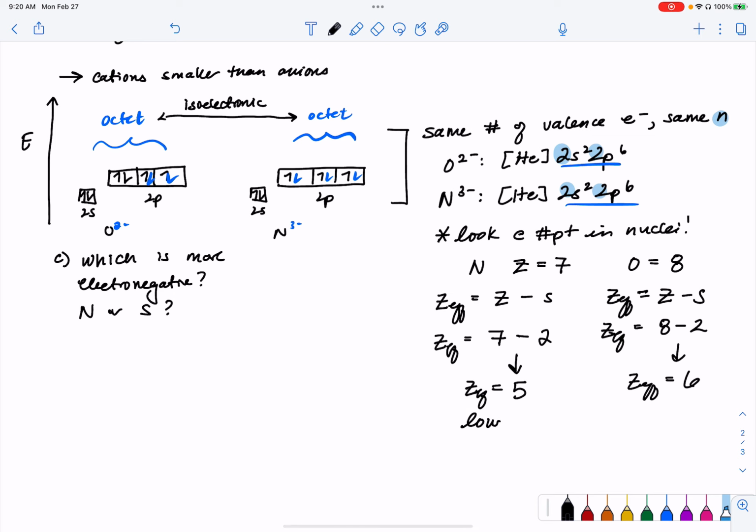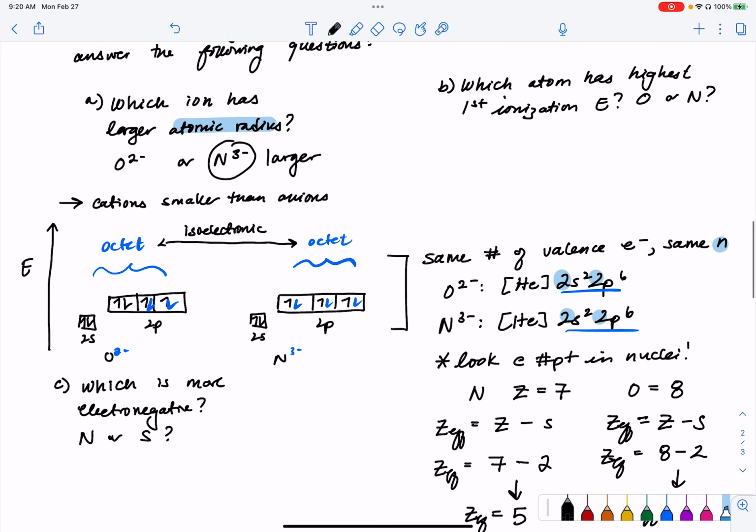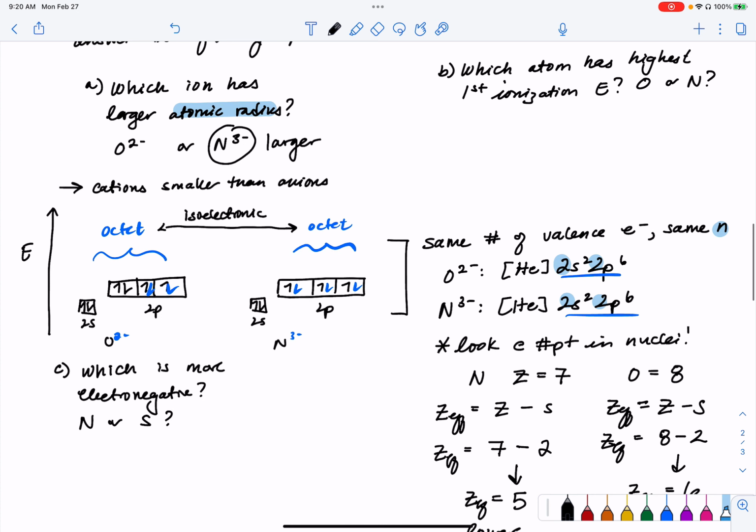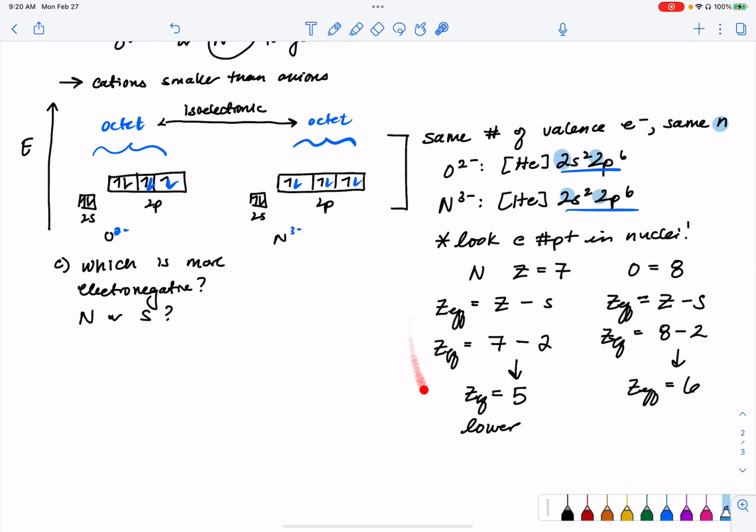So since this is a lower effective nuclear charge, that means this is going to be larger. If you want to, you can think of it in terms of having added more relative electrons to nitrogen than to oxygen, but that's ultimately the same reasoning that follows here.